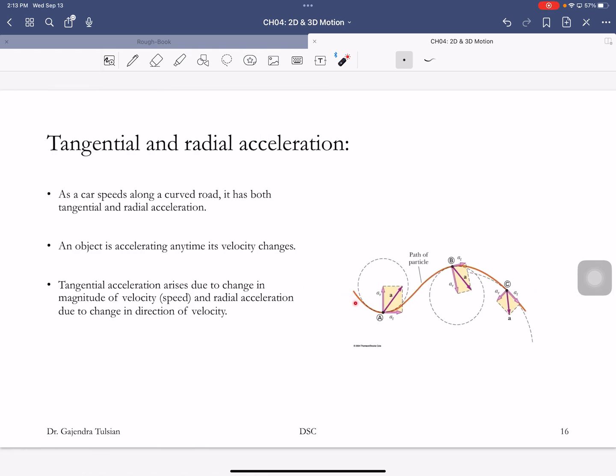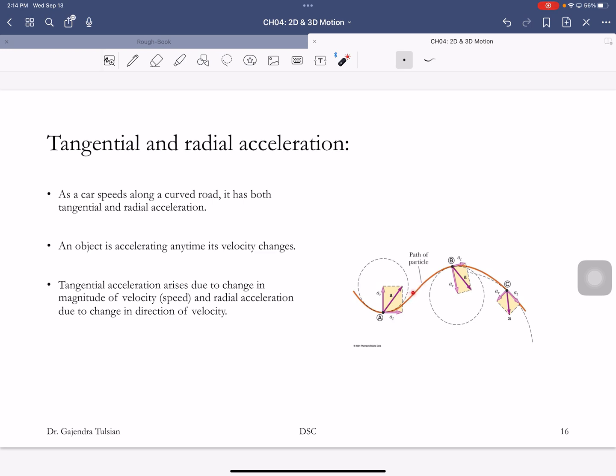So when you're driving on a curved road, what does this show you? It has a tangential acceleration. What does that mean? That means your speed is changing. And here's the centripetal acceleration. It's also called radial acceleration. That's because the direction of your velocity is changing. Remember, the velocity is always tangent to the path. When you're on a straightaway, your direction is not changing.